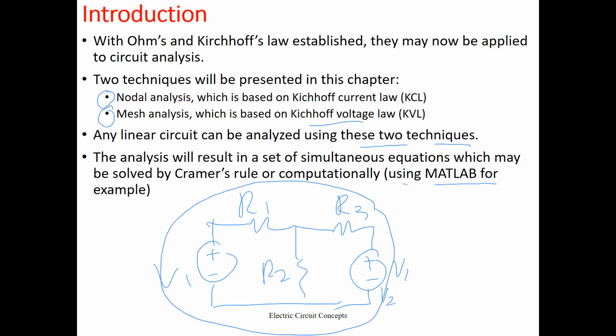If we want to use computer analysis, we can use MATLAB or any other computer program. Also, there are two other techniques to solve those equations, called the elimination method and the substitution method, and we will talk about this later on.